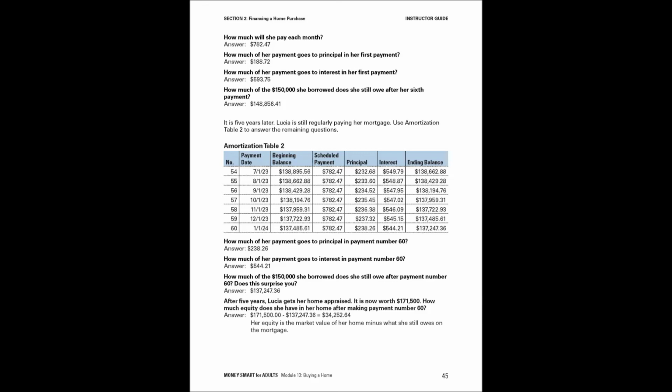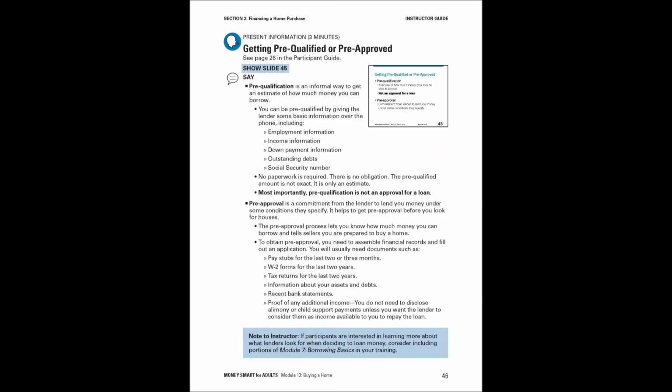Now, again, just a note here, that equity position is going to be determined by market value. So a person is going to have to get an appraisal in order to help complete the calculation, but at least the amortization table gives the information on what the loan balance is at any step or any month in the process of the loan. So that's a really great exercise.